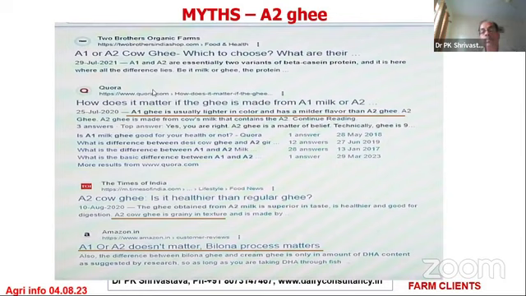If you are not cooling the ghee, it will be without granules. A1, A2 doesn't matter. The bologna ghee process matters. This person who has given, Amazon has replied, doesn't know that in the entire country, I'm talking about India, 90% of ghee is cream based. It is not bologna based.